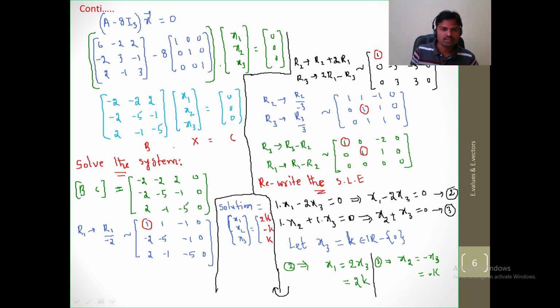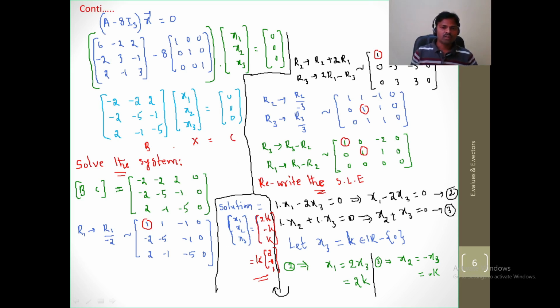If you want to take common, you can take k out. Once k is out, we get 2, minus 1, 1. So this is the eigenvector with respect to the eigenvalue lambda is equal to 8.